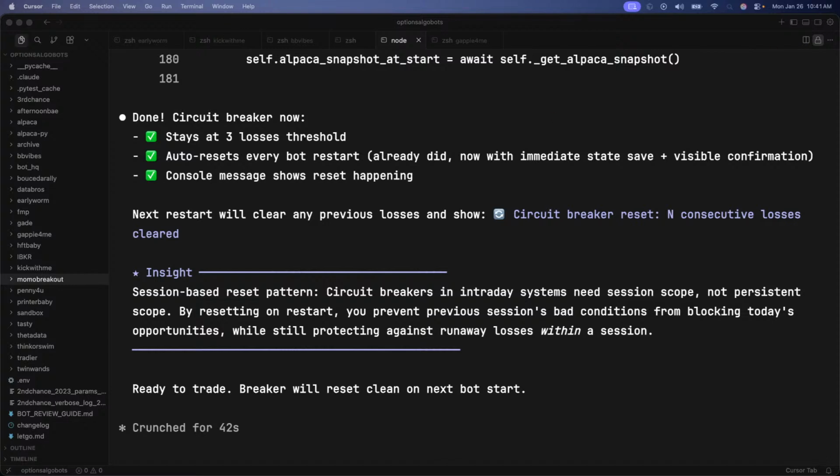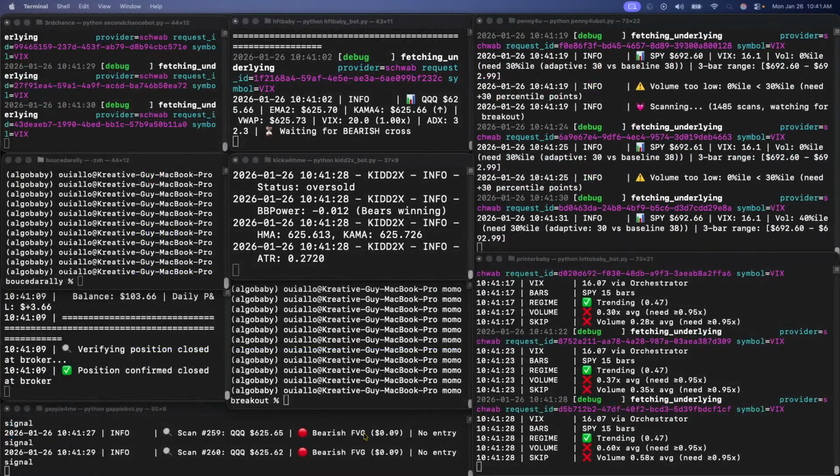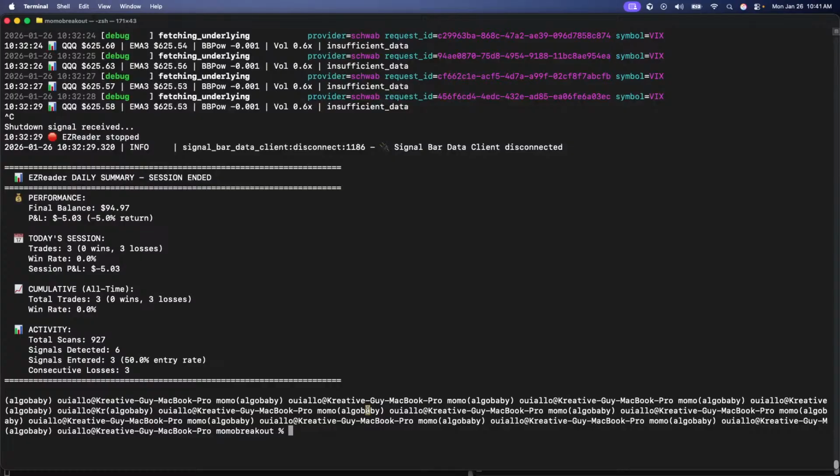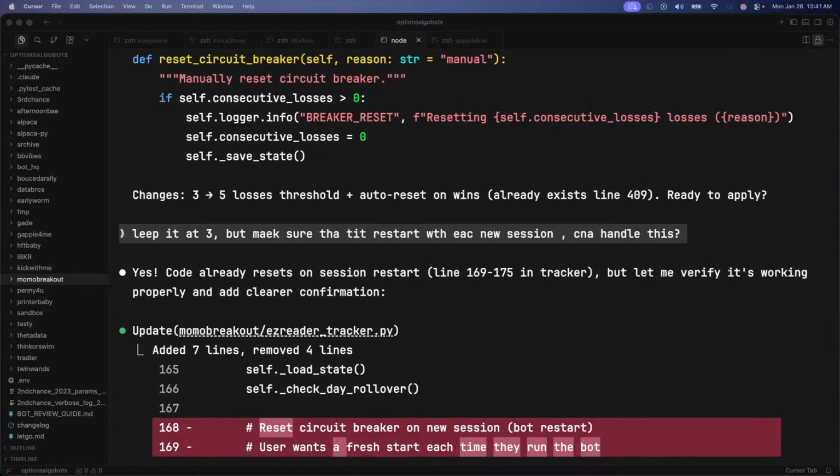All right, let's come back here. And then who needs to get reset? I kind of be forgetting. Okay, Easy Reader. Easy Reader is you. You need to get reset.